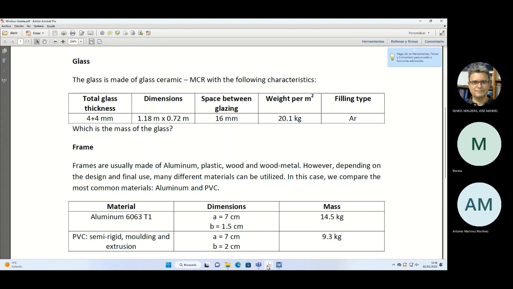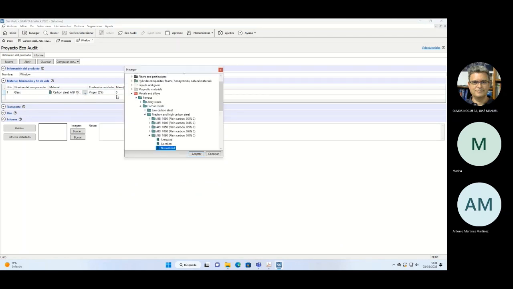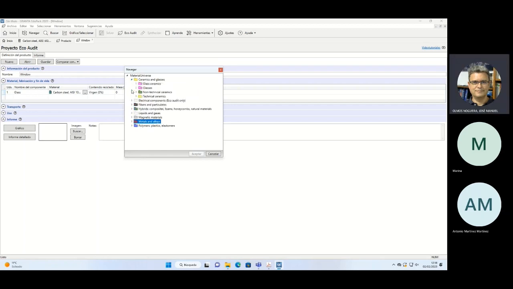Okay. Now we have to find this material. Glass ceramic.